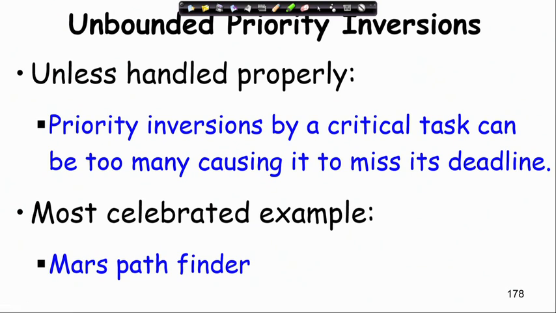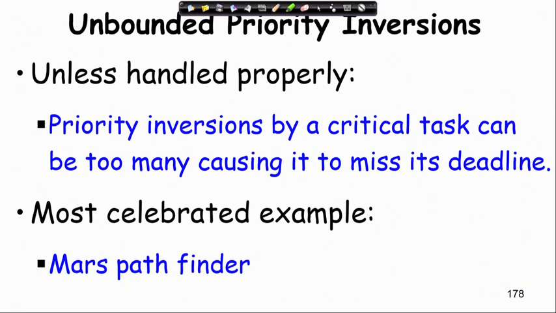In the past, there have been many examples where the designers could not adequately take care of this and resulted in system failure. Out of these many examples, possibly the most celebrated example is the Mars Pathfinder.